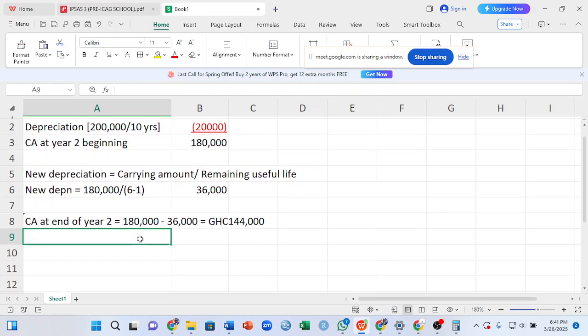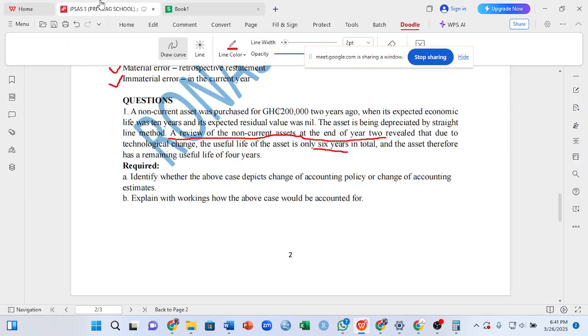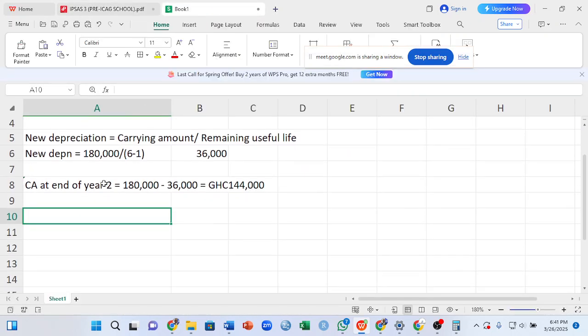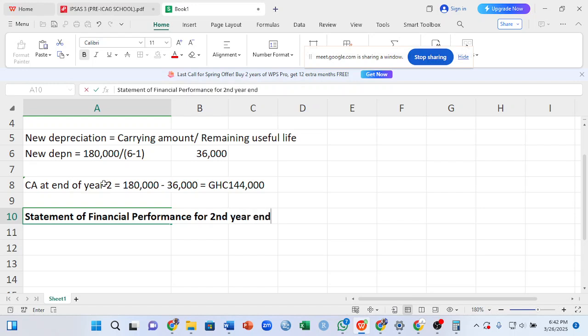So if you are to present for year two, to do a statement, we didn't really say it, how would the above be accounted for? Let me just add it. If you are to do the statements, we'll do the statement of financial performance for the second year ended.